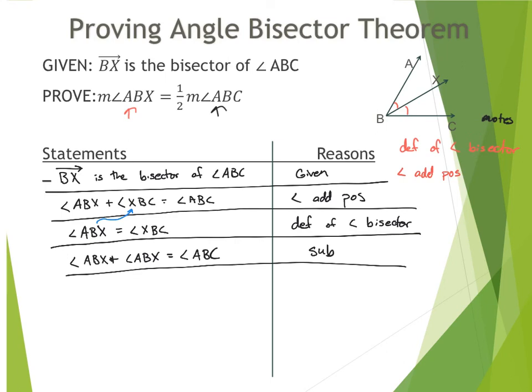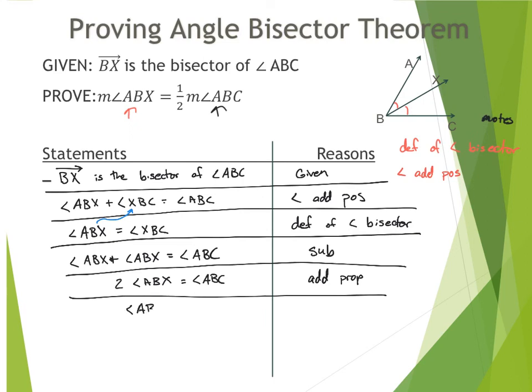And then just like last time, it's down to algebra. So now I have two angle ABX's on this side. And then I can divide that. I know that because of the addition property. And then I can divide away 2.